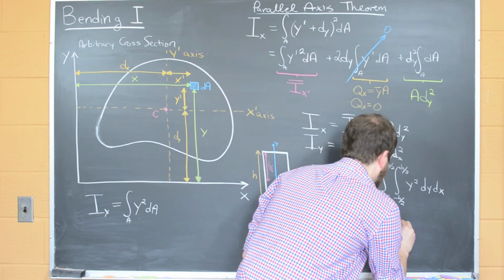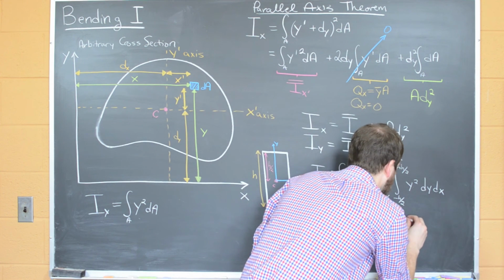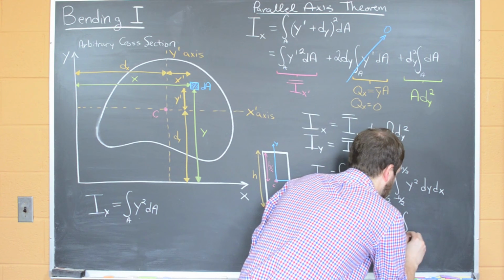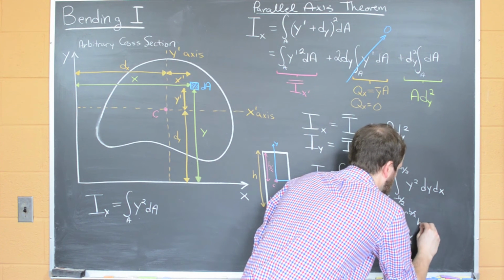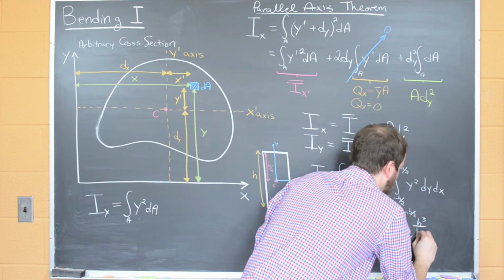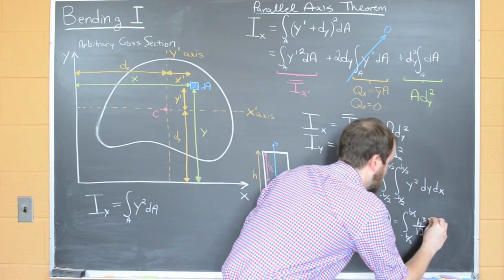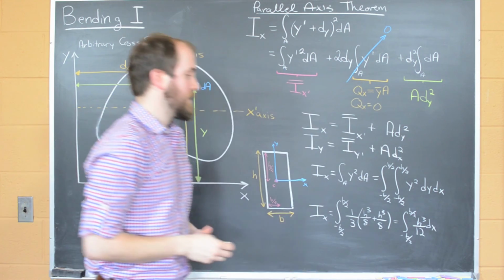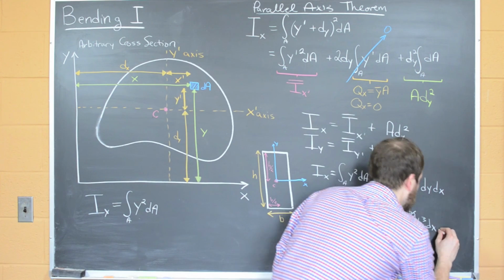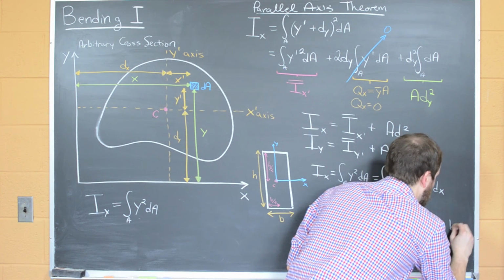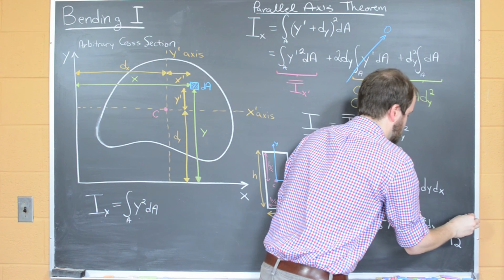And so that's simply h cubed over 4 times 1/3. So it'll be the integral from negative b over 2 to b over 2 of h cubed over 12. And we're going to integrate this one over dx. There's no x term in the integral, so this one simply becomes bh cubed over 12.